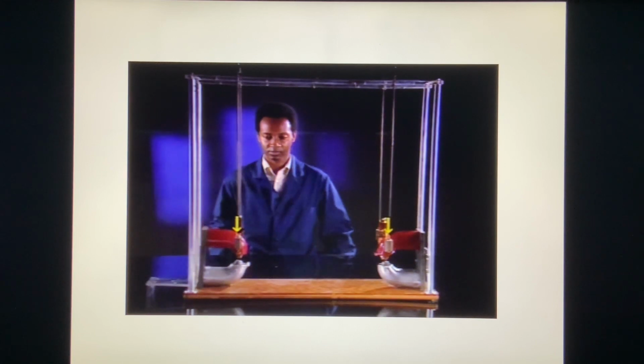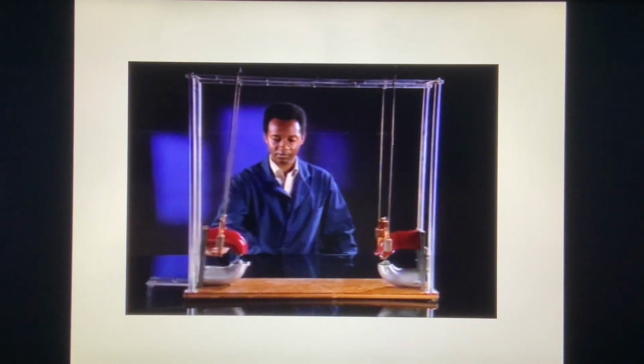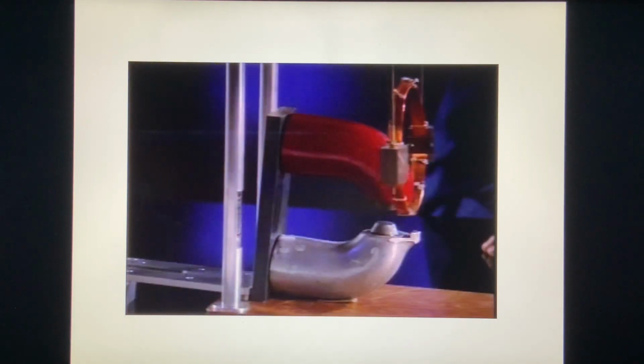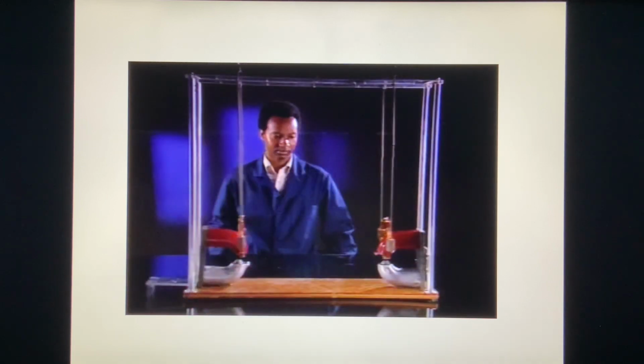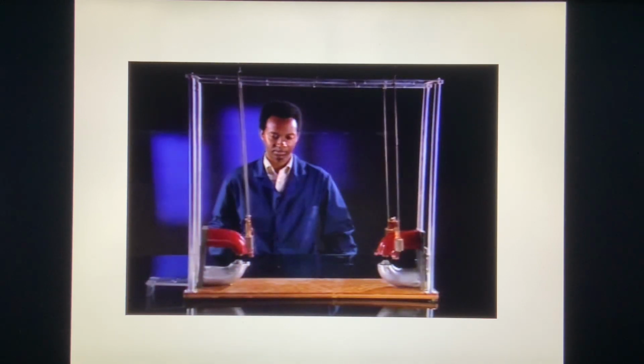These two coils of wire are suspended from pendulum arms. The coils are electrically connected through these steel rails so that any current flowing in one coil must also flow through the other. When one of the coils is swung in the magnetic field of a large horseshoe magnet, the other coil also begins to swing between the arms of its own magnet.